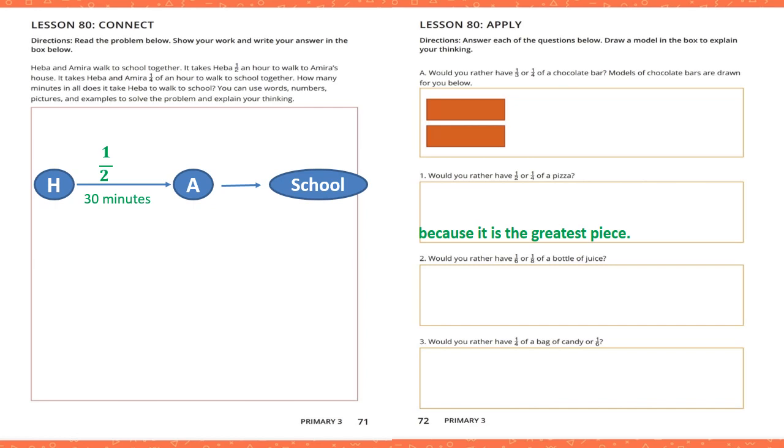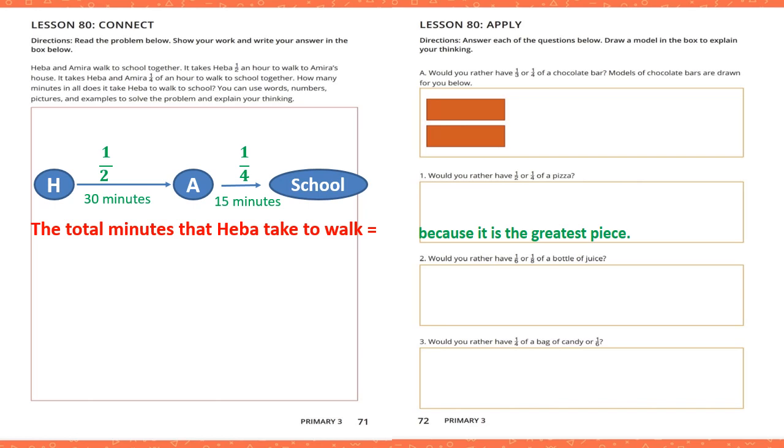From Amira's home to the school, it's a quarter hour. A quarter hour equals 15 minutes. So Hiba walked to Amira's, then they walked together to the school.